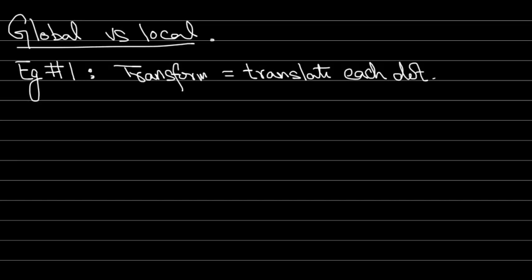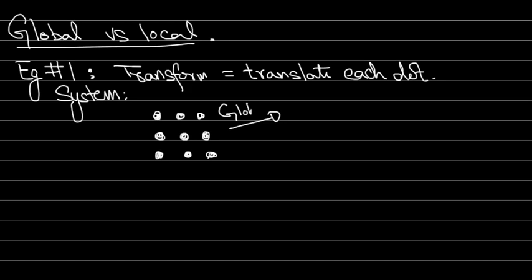Now, for this, you have your system originally as you have one dot here, and another one here. Then you have one here, and one here. And let's actually draw one more row. So you have these 9 dots. And the global transformation would be something that looks exactly the same.